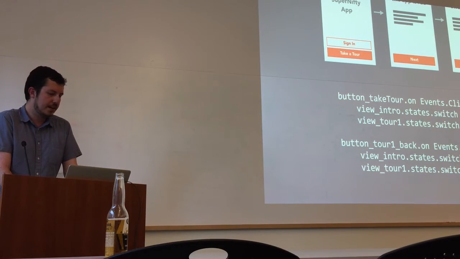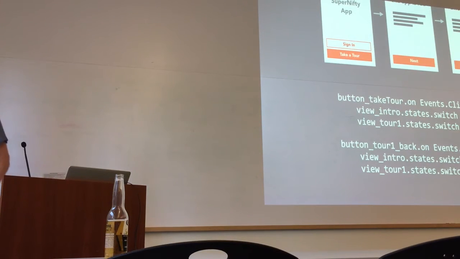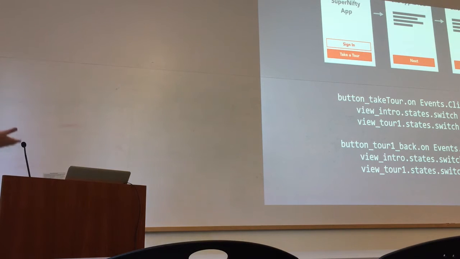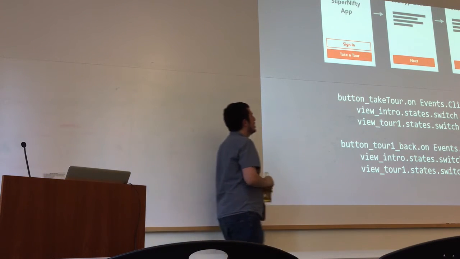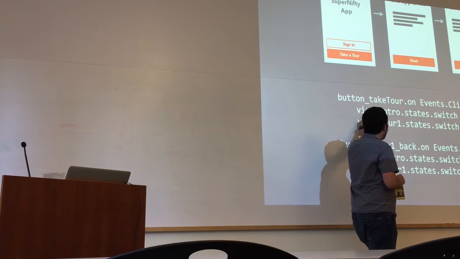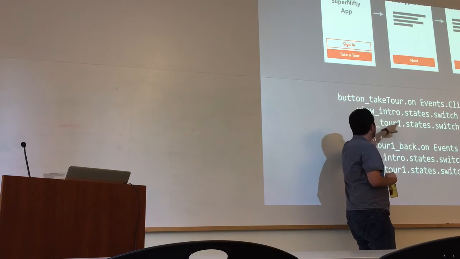You would write a couple of functions, I think, for each screen. You're going to need a couple of click handlers to accomplish this. So when I click on my take a tour button, I'm going to do exactly what I just said. I'm going to take the intro view and push that left, and then I'm going to take tour step 1 and move that to center.